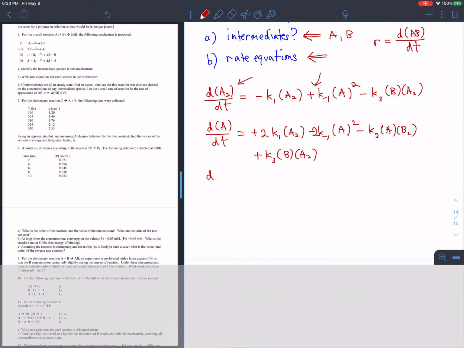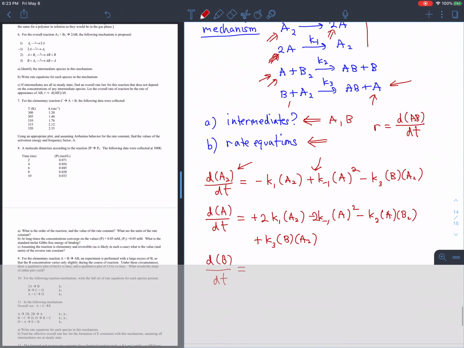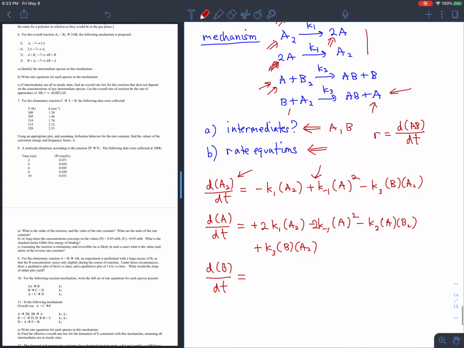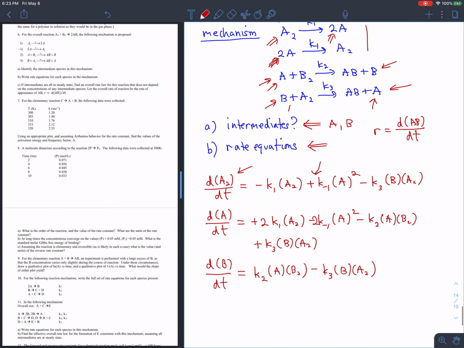Now, dB/dt is equal to, okay, I'm running out of space here. B appears only there and there, so only in 2 of the steps. So it's going to be K2, it's a product there, times A times B2, those are the reactants, minus K3, it's a reactant, times B times A2.